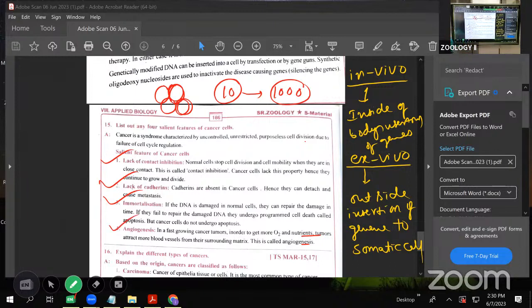And angiogenesis means the fast-increasing tumor cells are getting more blood supply, more oxygen and more nutrients.